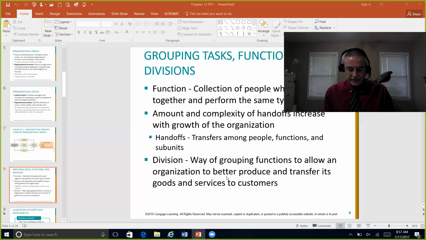A function then is a collection of people who work together and perform the same task or hold similar positions in the organizations. And as the organizations grow, they potentially produce a wider range of products, and the amount of complexity increases, especially in the handoffs. Handoffs are where the work exchanges or transfers among people, functions, and subunits, which may increase.